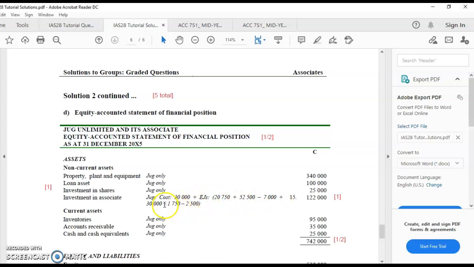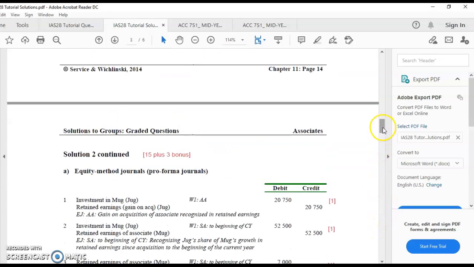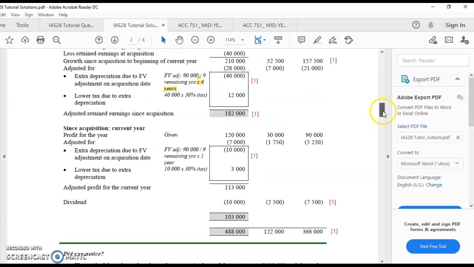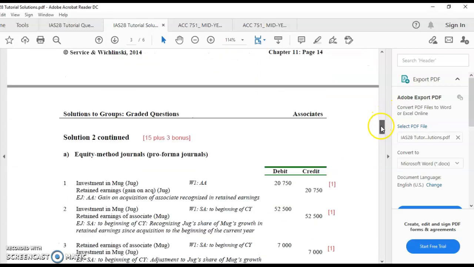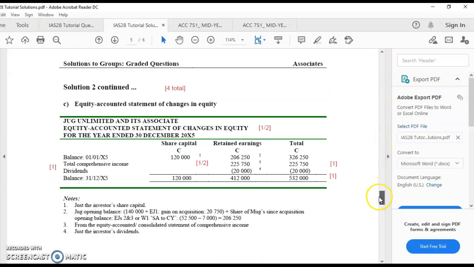Whenever you are crediting investment, that will be a negative. But the final answer over here in your statement of financial position for the investment in associates should be exactly the same as your final total here in your AOE. So you can do that just to double check if you did everything correctly.